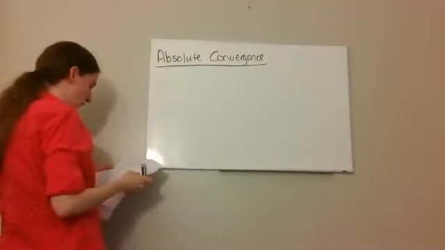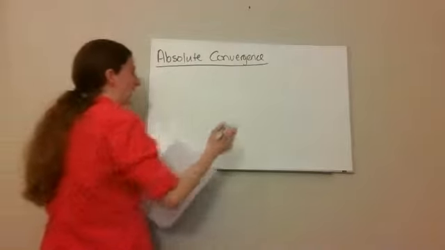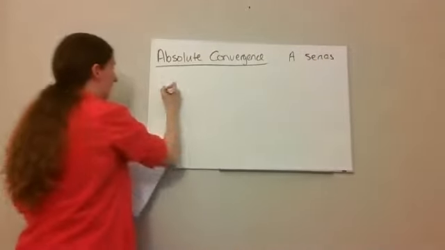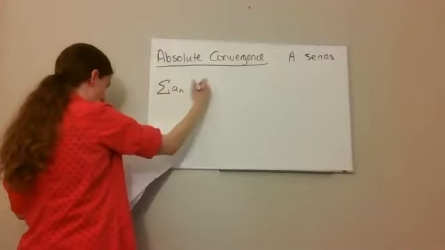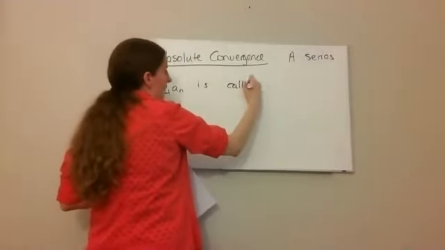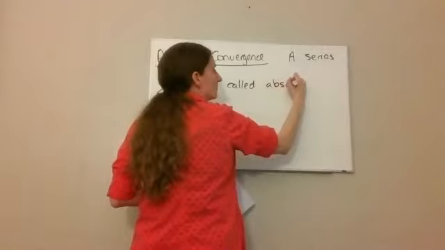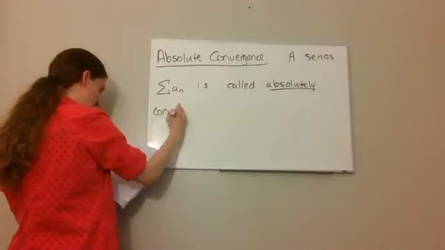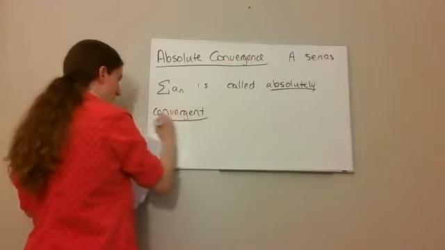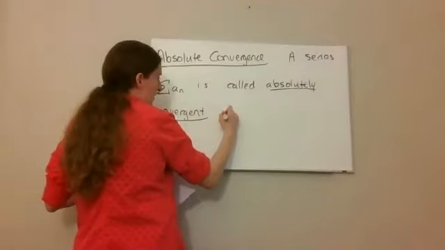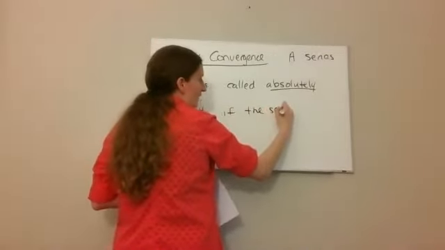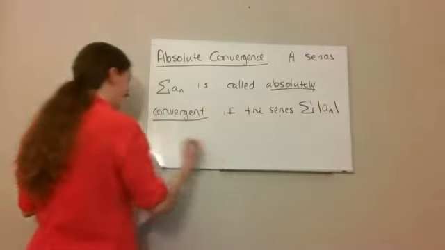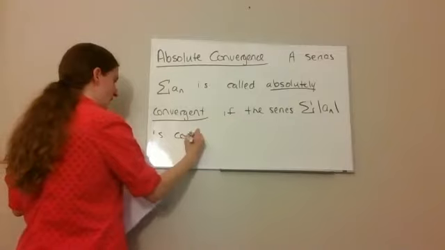So absolute convergence says that a series a_n is called absolutely convergent if the series given by the absolute values of the a_n's is convergent.